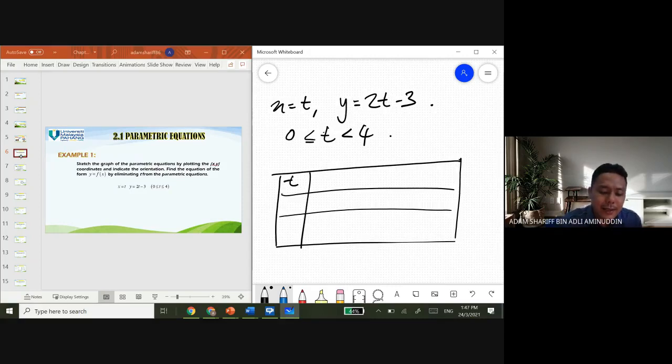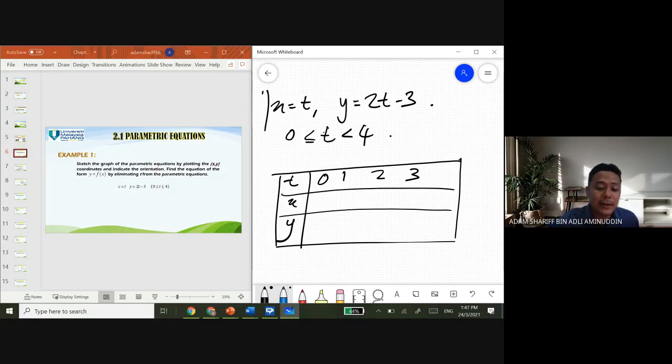So saya tulislah t, x, y. Okay, the t is fit here. It might not necessarily be in any integer, tetapi kalau kita nak plotting, selalunya orang plot guna integer lah. So 0, 1, 2, 3. Okay. What is the value of x and what is the value of y?